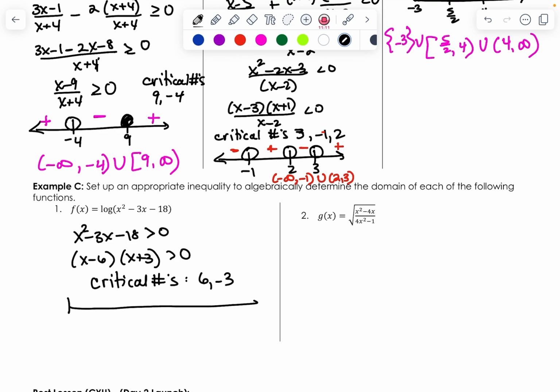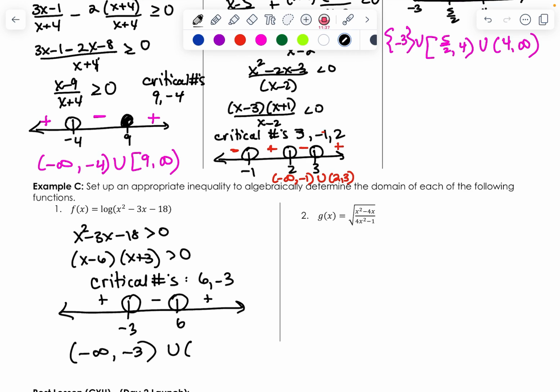Now remember, a logarithm cannot be negative. However, on this one, because I am squaring, it is possible to get negatives for x. These are going to be open. I get plus, minus, plus. So that's negative infinity to negative 3 with a parenthesis, 6 to infinity.